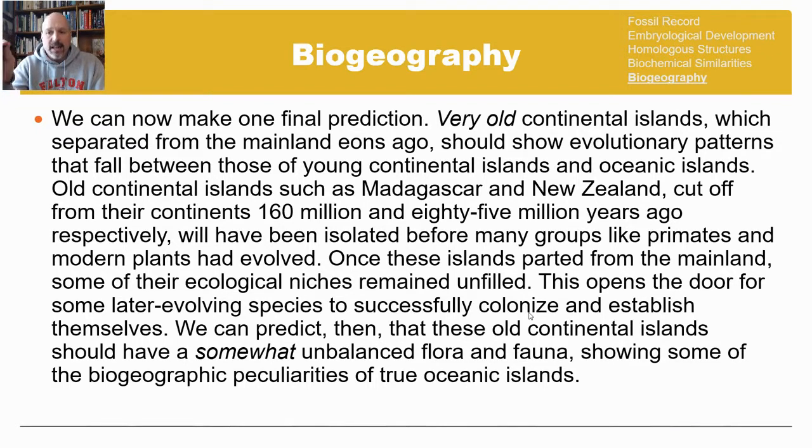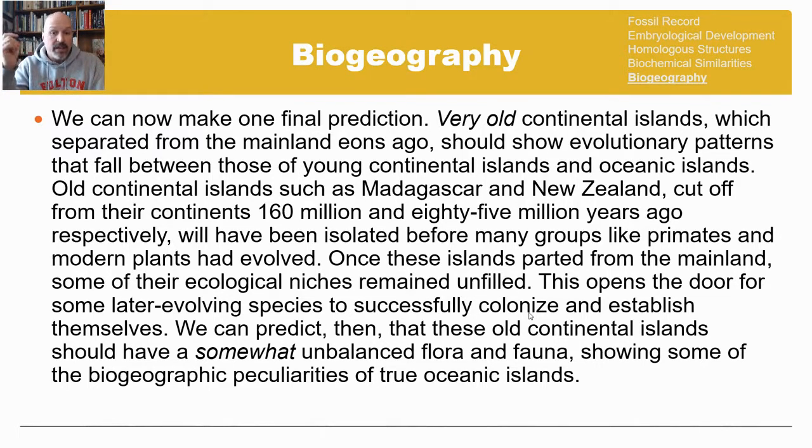Very old continental islands, which separated from the mainland eons ago, should show evolutionary patterns that fall between those of young continental islands and oceanic islands, like the ones we just discussed.